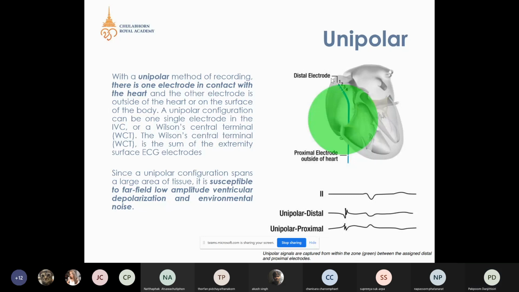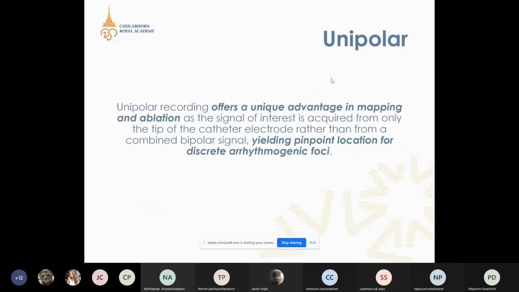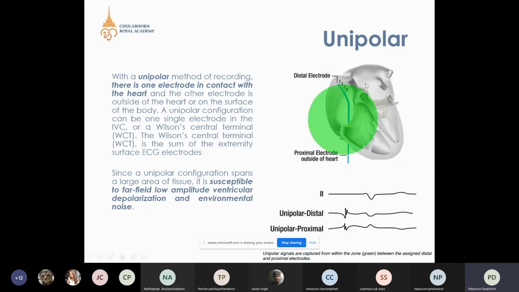It makes itself a positive pole, and the electrode outside of the chamber of the heart or outside of the heart will be just like the reference electrode, let's say 0, to be a ground.